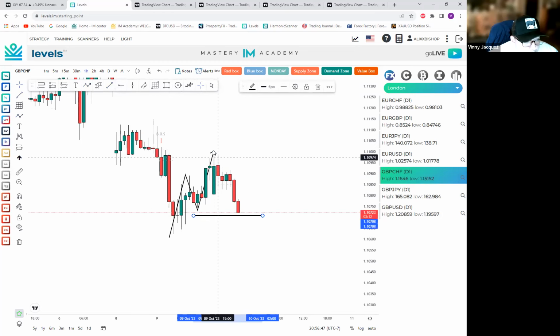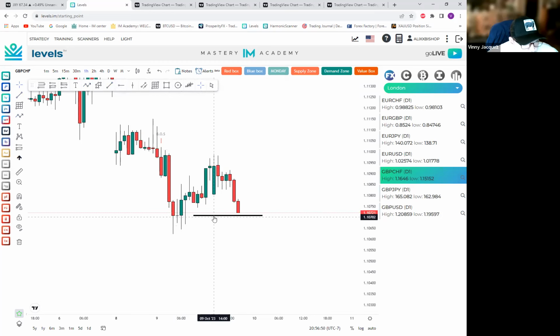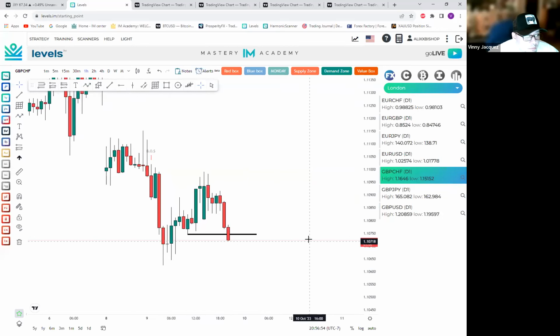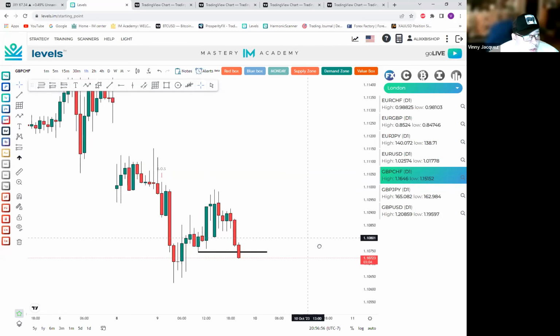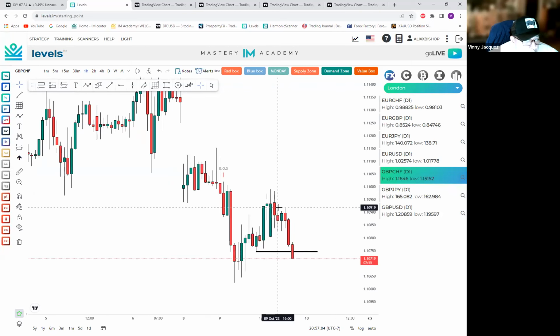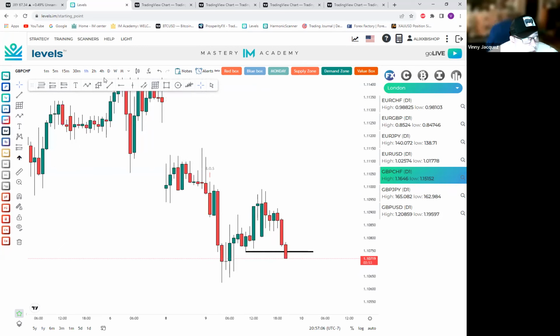Actually, where's my lowest wick? Boom. It looks like it's going to break below right now. But look, what shot this market down? Market drops, pulls back, drops lower.